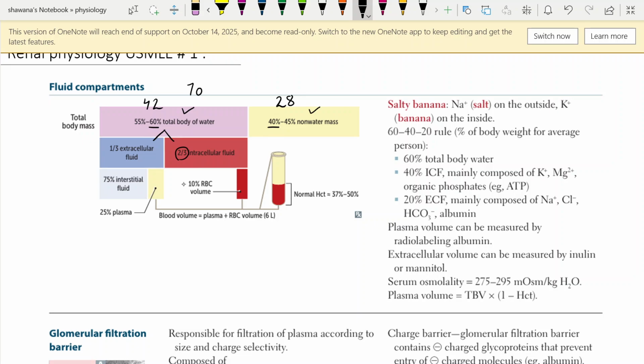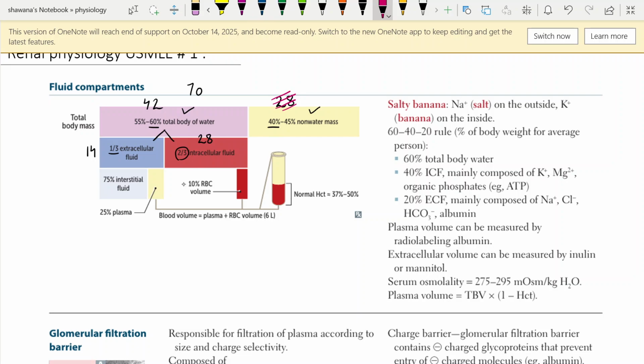Regarding the kilograms, we can write the number as 28. This is 28, and the extracellular fluid is only one-third of the total body water, so it's 14. Please correct this statement, it's not 28, okay, please correct it.